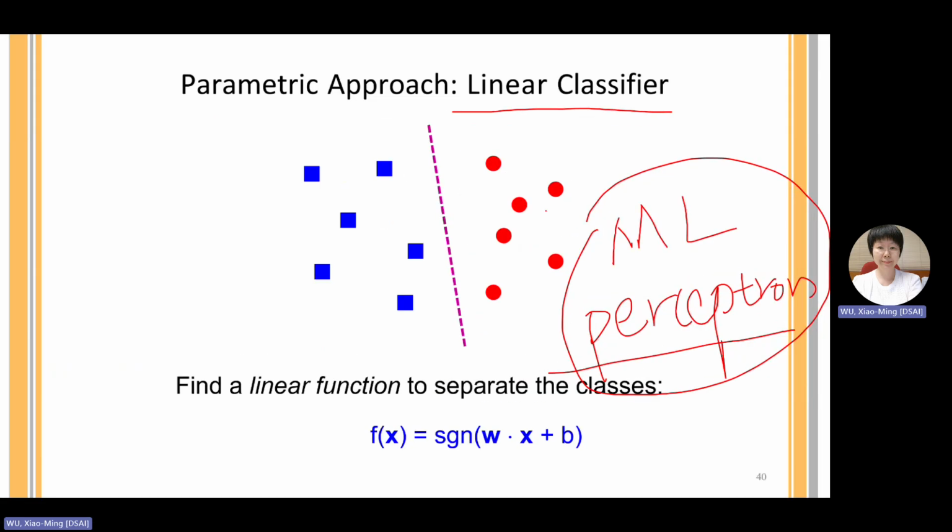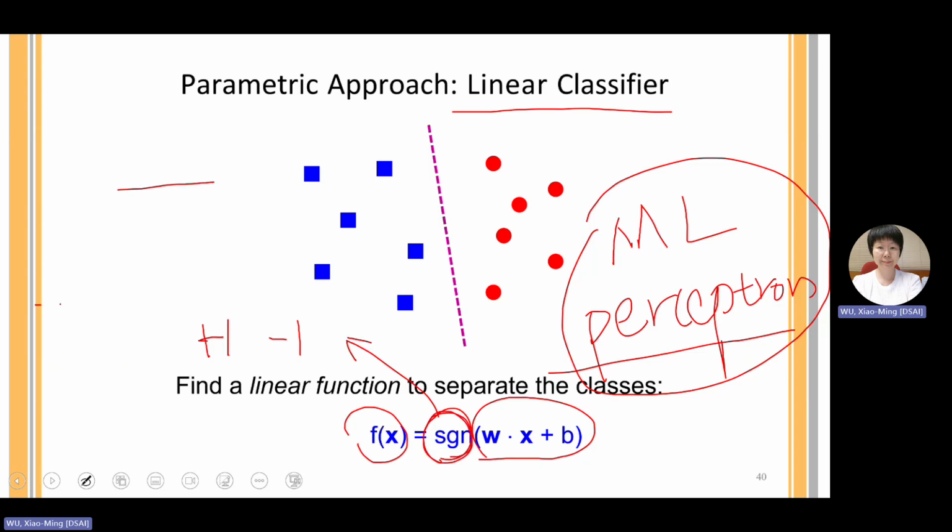The perceptron algorithm is essentially a linear classifier. It's a step function, a sign function, so the result of the sign function could be +1 or -1.